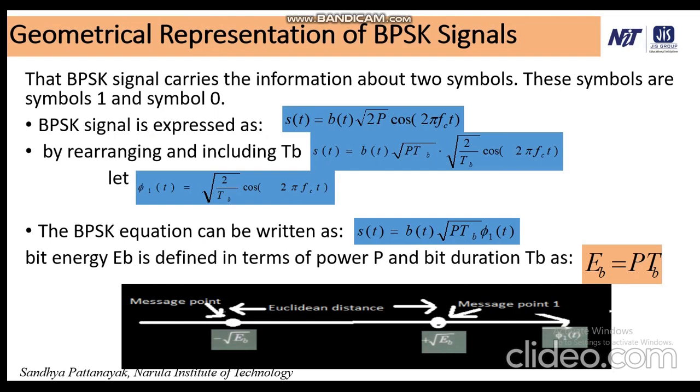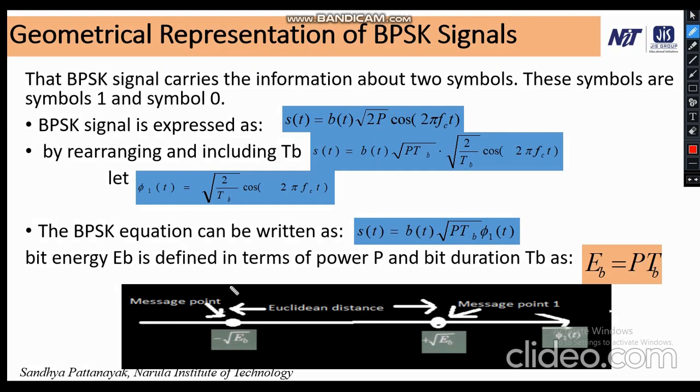We can see that the BPSK signal carries information about two symbols, which are basically binary 1 and binary 0, that is, message point 1 and message point 0.